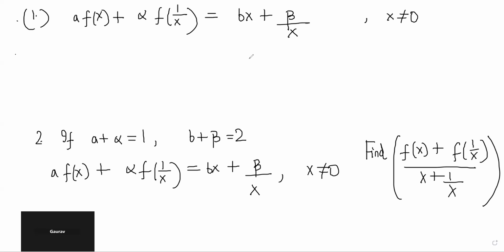We don't know what f(x) is here, but it is possible that we don't need to find f(x). We just need to find this sum. You have to think of what you can do here with the given equation. The equation is a times f(x) plus alpha times f(1/x) is equal to this.